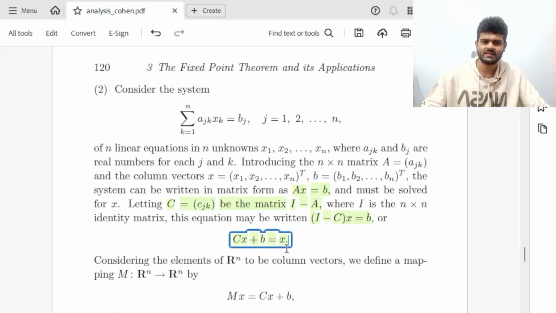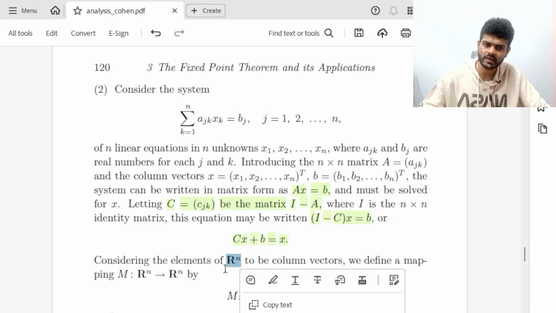So this is the mapping that we need to look at: Cx plus b. We are trying to look for the fixed point of that mapping. Cx plus b is a mapping from Euclidean space Rn to itself.